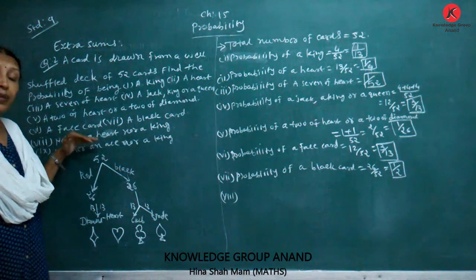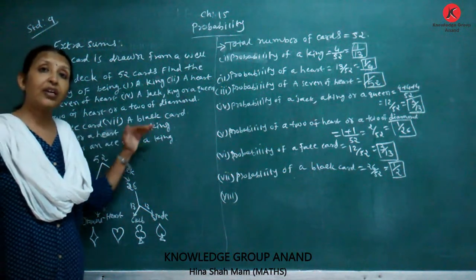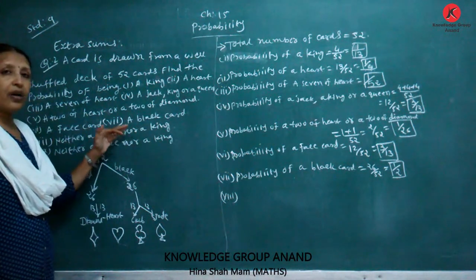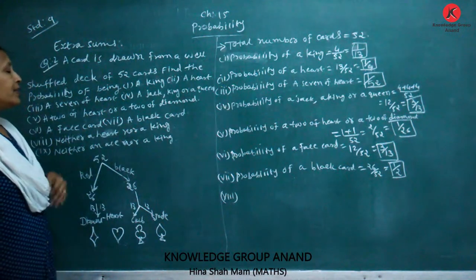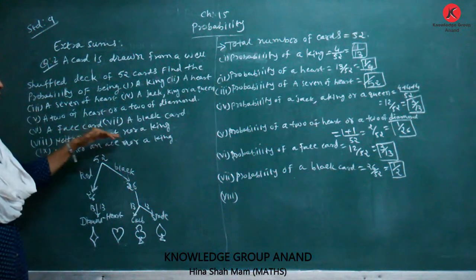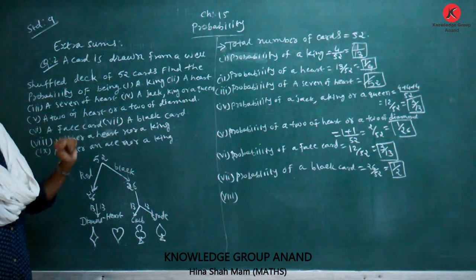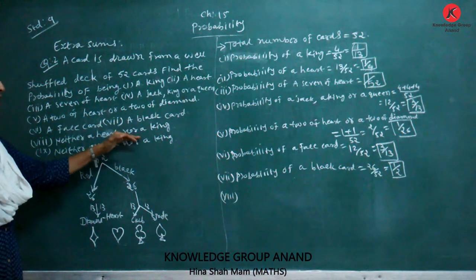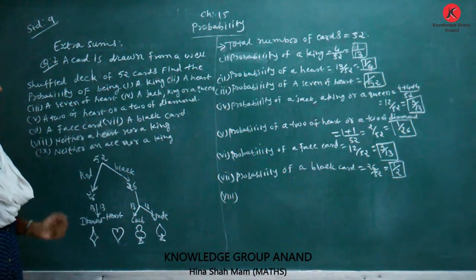Here we say probability of neither a king nor a heart. Therefore, 16 cards are removed. 52 minus 16 is equal to 36. 36 by 52.